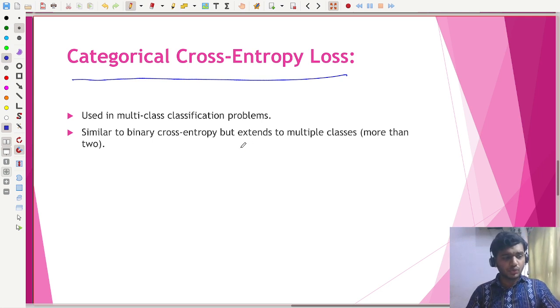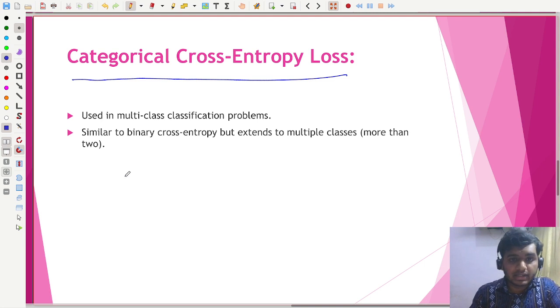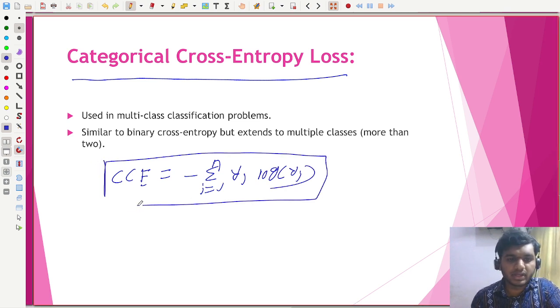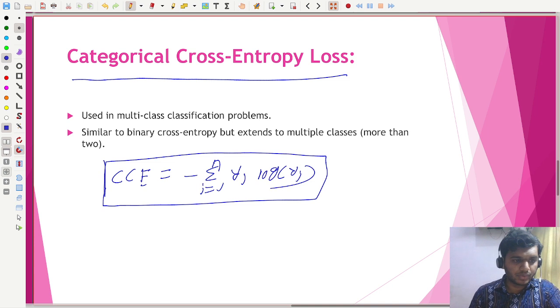So categorical cross entropy equal to minus summation i equal to 1 to n yi log of yi hat. It is the formula of categorical cross entropy loss.